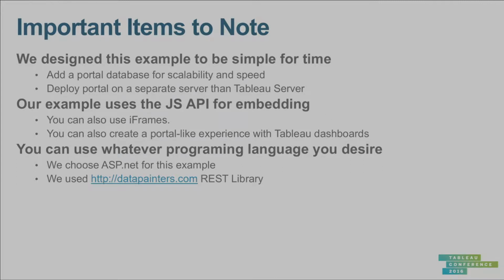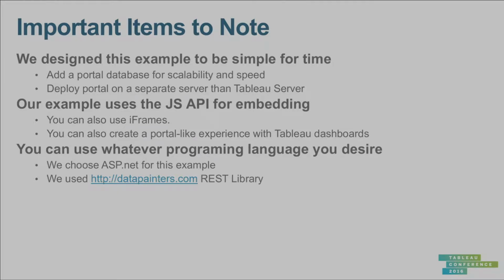A couple of things I just want to point out first. We built this example for simplicity, so it's not really based on a lot of the best practices. I'll highlight some areas where we did things on this portal for simplicity. For example, actually having a database on your portal layer rather than connecting and using the REST API exclusively to power the portal.